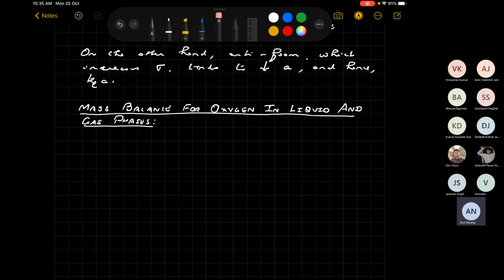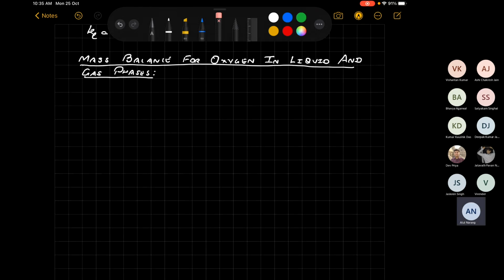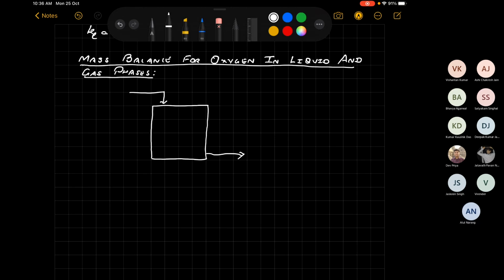So first, this is basically, it will also explain to you why we define A as the interfacial area per unit volume of the liquid. So let's do this for a continuous reactor, and it can easily be specialized.